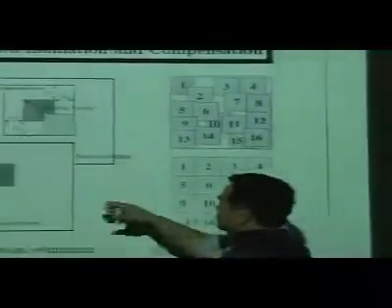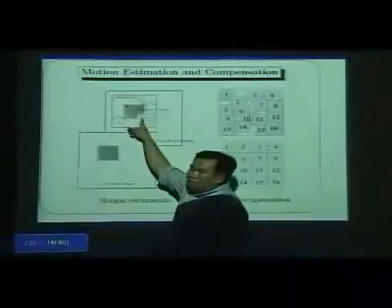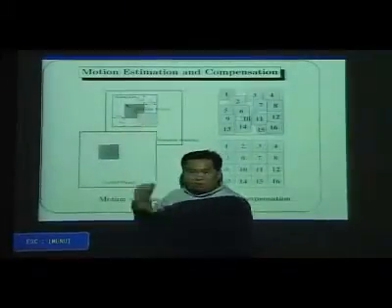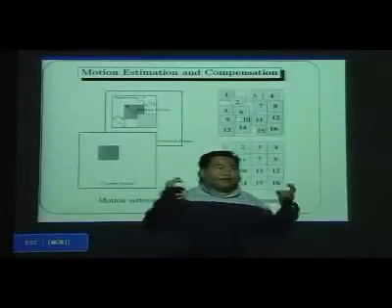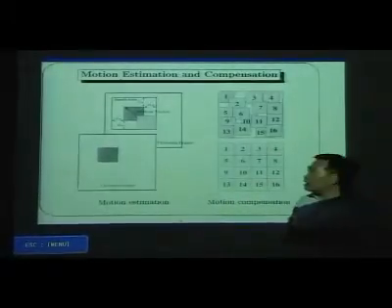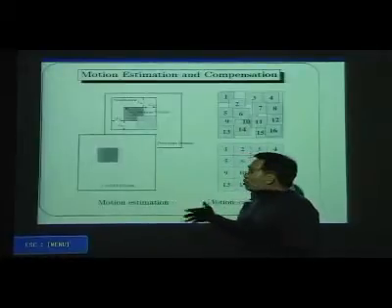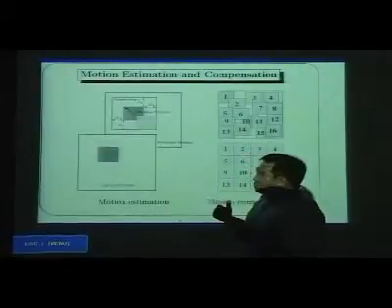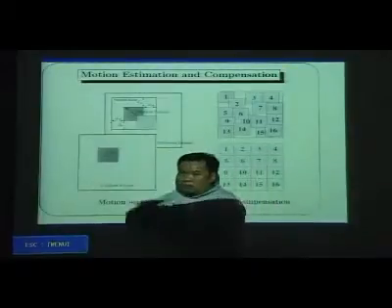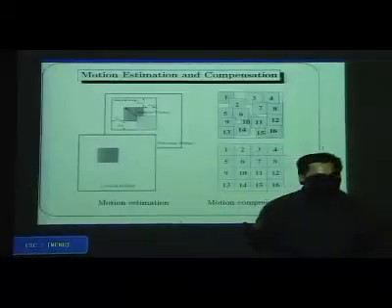The idea is that you will search, that's your current block. You will search within the window size for the best match. Now what does best mean? You can compare error, right? If you look at the mean square error, or the maximum error, and so on and so forth. So there are many ways of deciding what is the best match. Okay? And the window size, the search size. The bigger the search size, the more accurate you're going to get. Right?